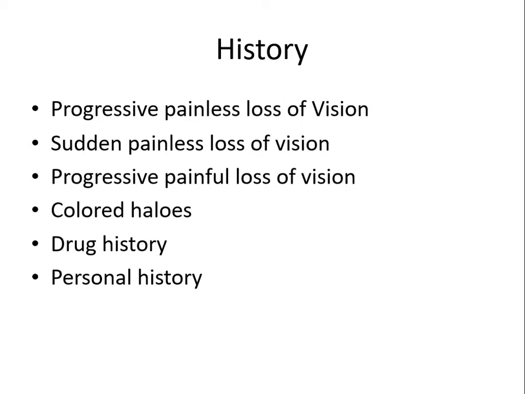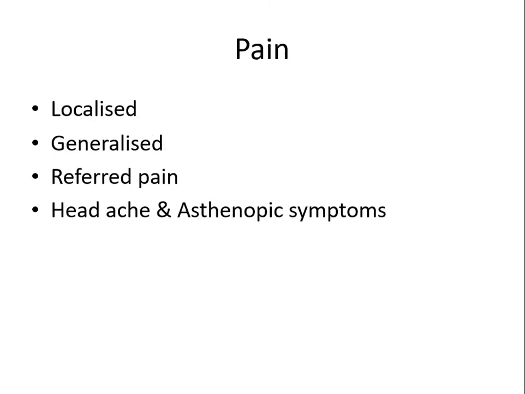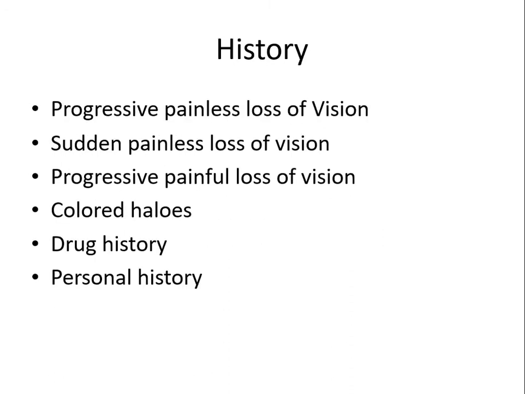Then whether it is progressing or stationary, whether it is associated with pain or painless, whether it is associated with colored halos around the bulb. You also have to take the details of the drug history of the patient and then the personal history. One by one, we'll take diminution of vision first.